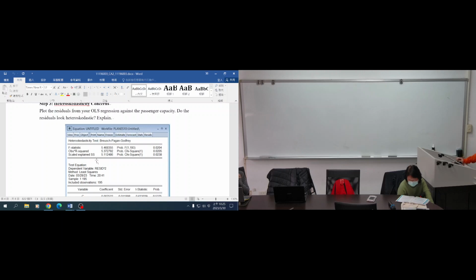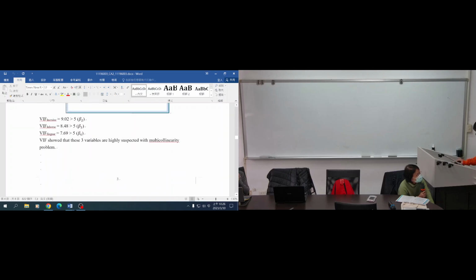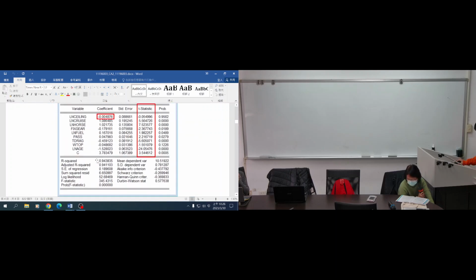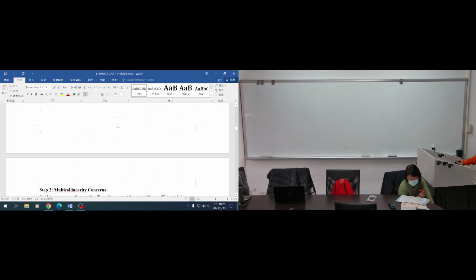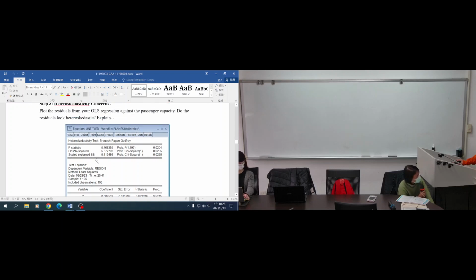The result I did is from eViews; when you pick the regressors of the BP test, I only picked paths instead of all of them. But I still use the same original model. Here it shows the plot, the residuals from your OLS regression against passenger capacity.